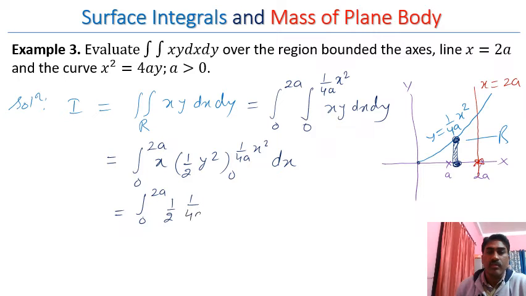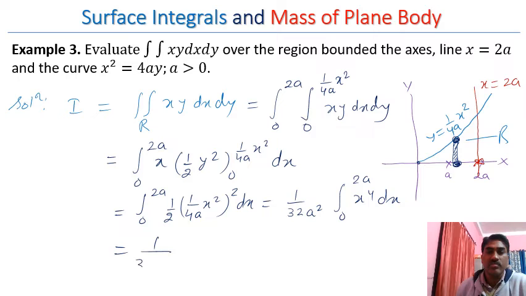So (1 by 4ax square) whole square dx, and this simplifies to 1 by 32 a square, and the limit 0 to 2a x to the power 4 dx, and now you can integrate this very easily.